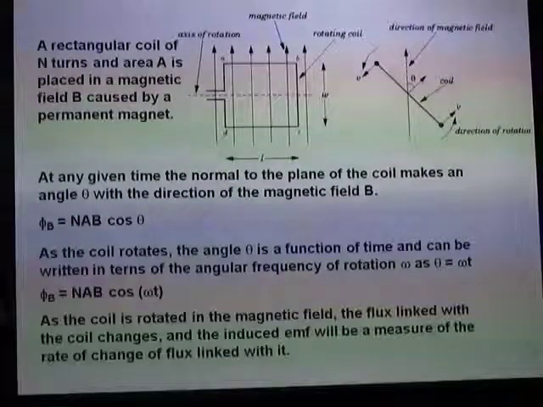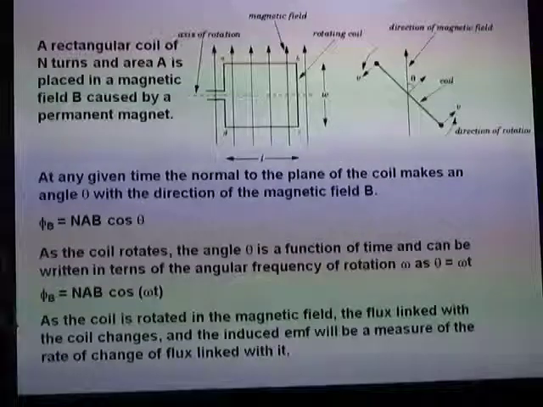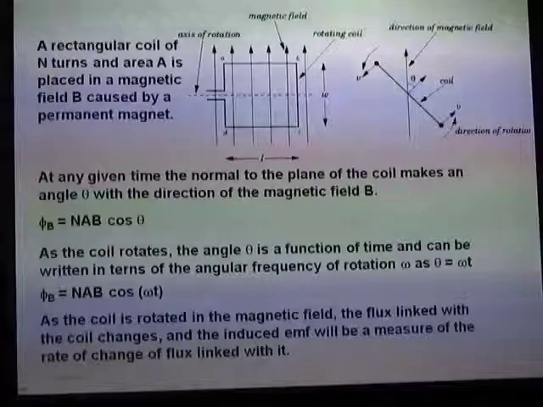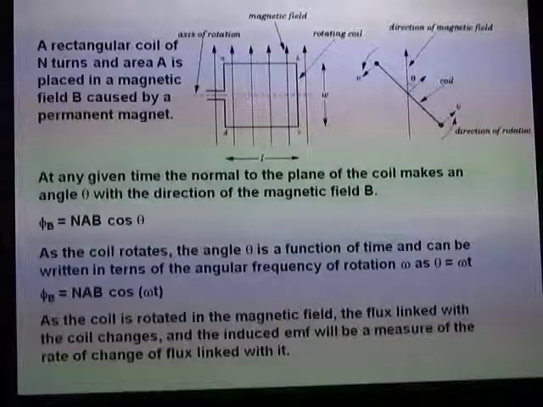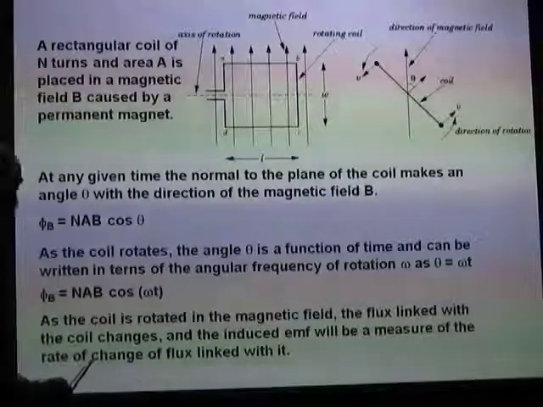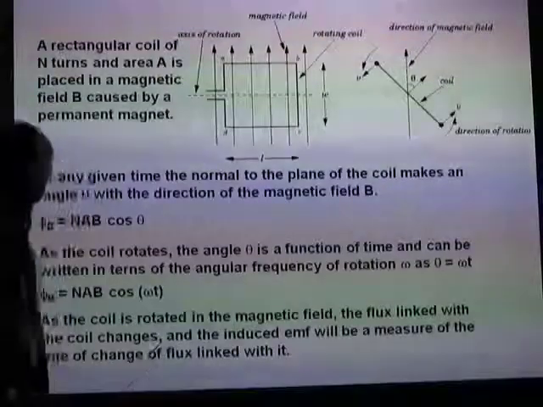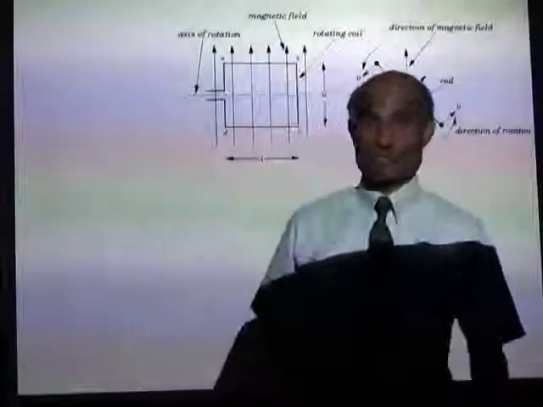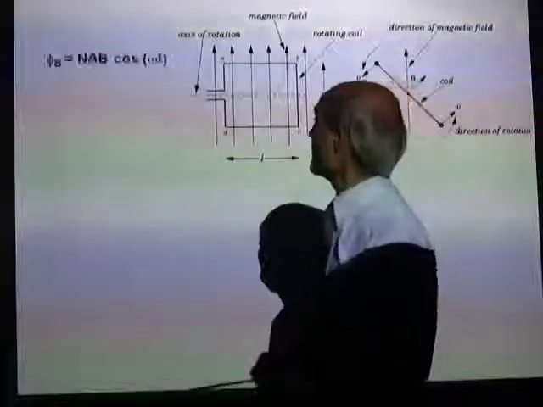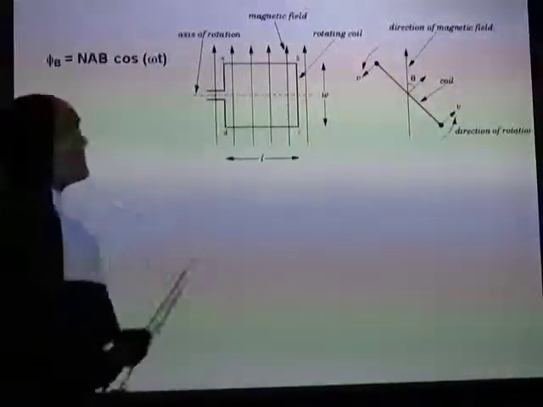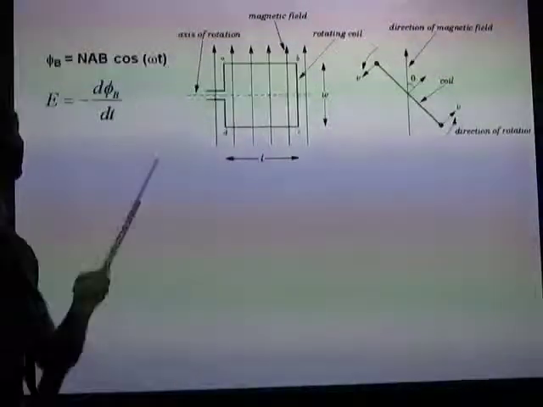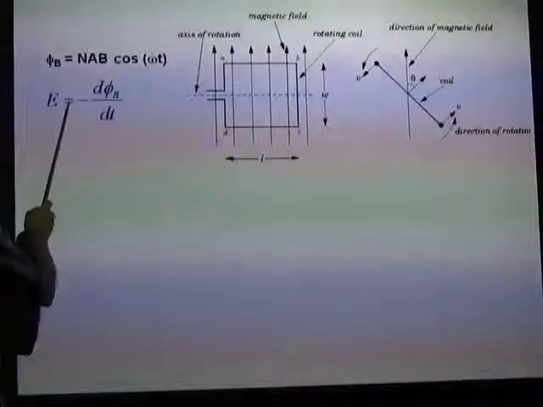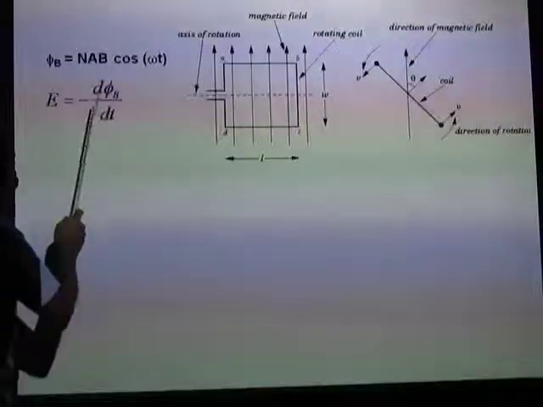As the coil is rotated in the magnetic field, the flux linked with the coil changes, and the induced EMF will be a measure of the rate of change of flux linked with it. And that is Faraday's law of electromagnetic induction. You know that phi B equal to NAB cos omega t, and the induced EMF is negative of d phi B by dt.